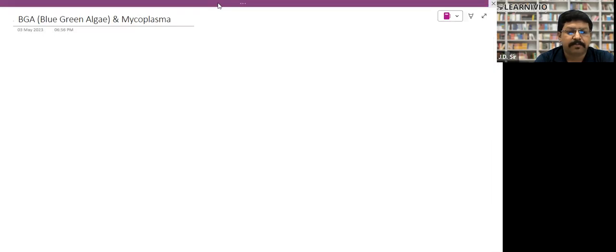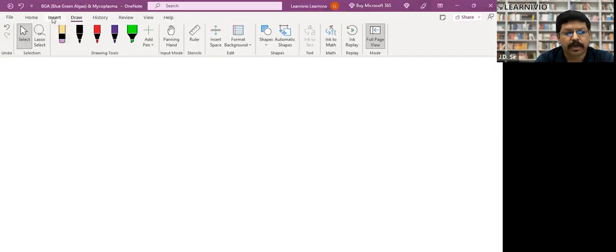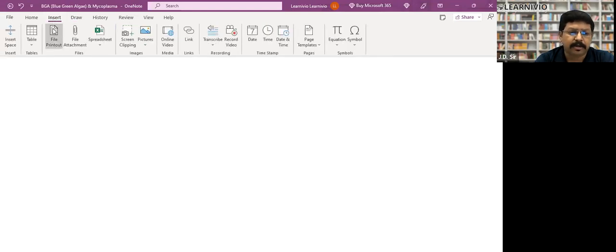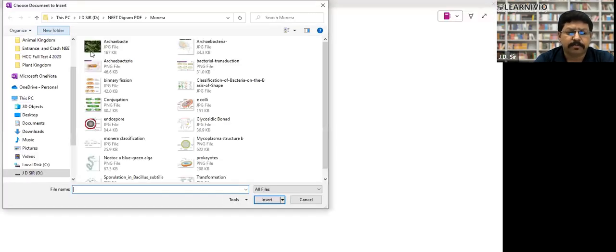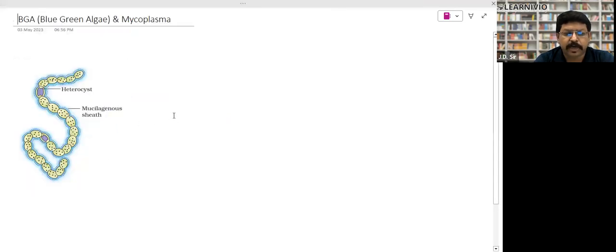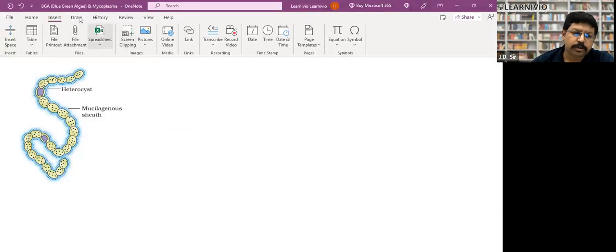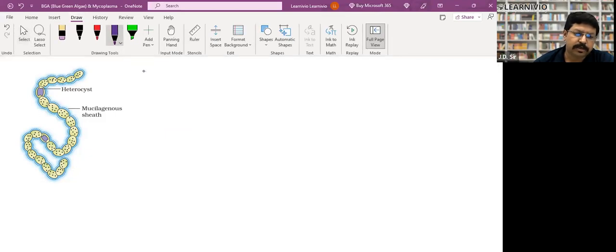First, I will tell you about the blue-green algae. Blue-green algae are also known as cyanobacteria, and they are basically eubacteria only. But there is a peculiarity: blue-green algae are bacteria capable of nitrogen fixation. Remember the Nostoc diagram; this is important for your school examination. They may ask you to draw it.